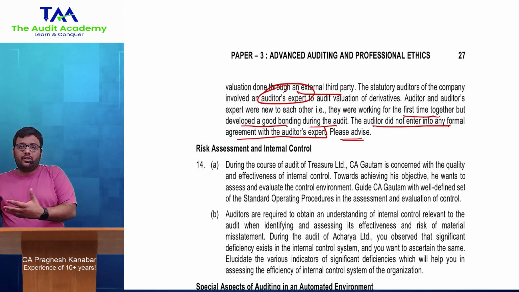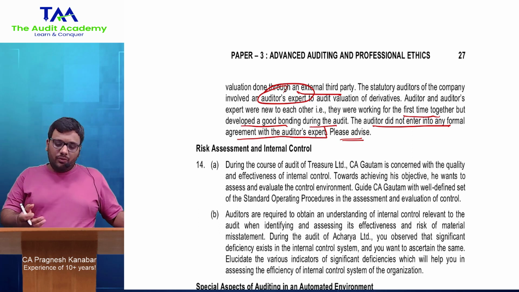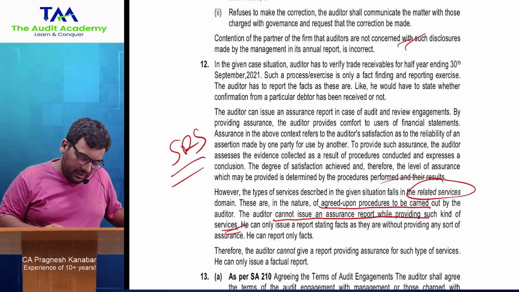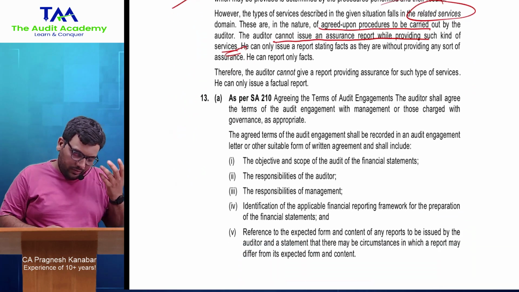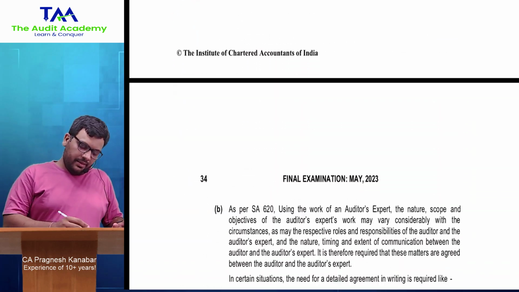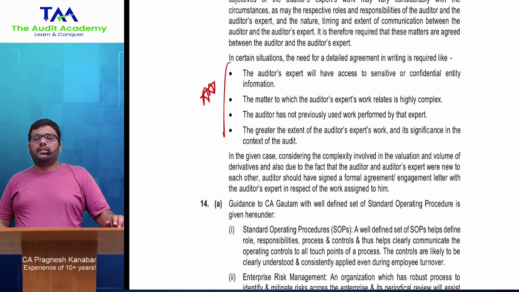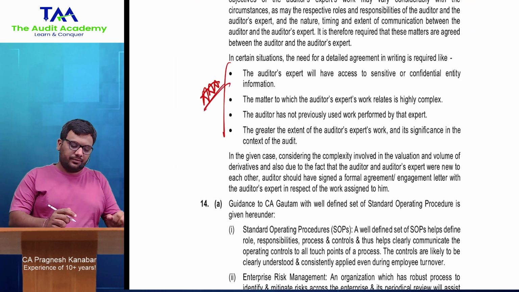Obviously you have to keep the client's data confidential, so you need to ensure that there is a written agreement. So the need for a detailed agreement is covered over here. SA 210 is fine, and this is your main answer. All right, the need for a detailed agreement over here.